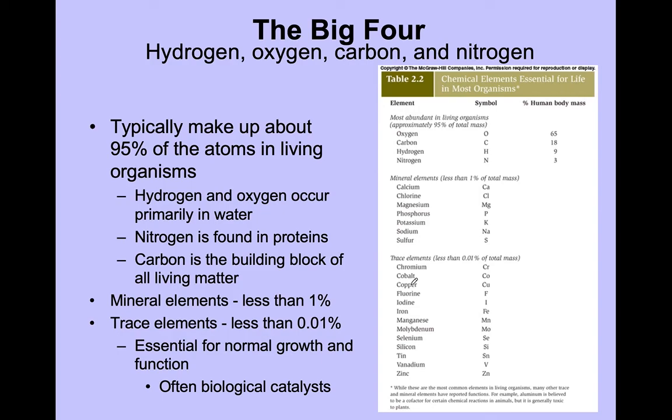Nitrogen is found in proteins and nucleotides. So all of those big macromolecules are necessary. Then we have, of course, mineral and trace elements. They're needed for many of our proteins to function and our cells to carry out certain functions, but they are needed in very, very small amounts.